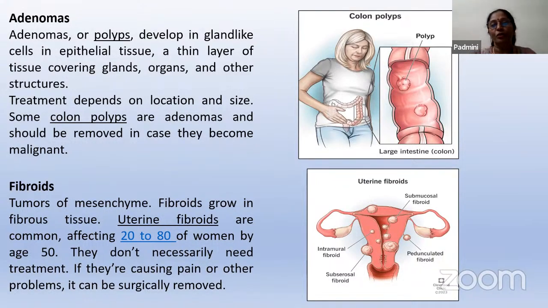Say, for example, if you eat a lot of preservative foods or packaged foods, or the beverages that we drink nowadays, which have lots of pesticides and artificial coloring agents, all these are going to create these different problems. So this fibroid, here we are talking about benign tumors. A fibroid doesn't necessarily need any treatment.